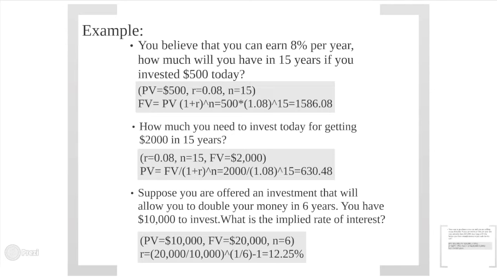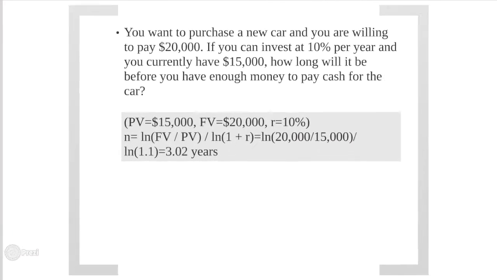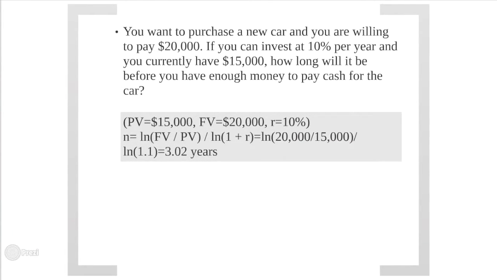And the n is 6 years, so we can find r by simply plugging in the numbers. So the r equals 20,000 divided by 10,000 to the power of 1/6 minus 1, which equals 12.25%.